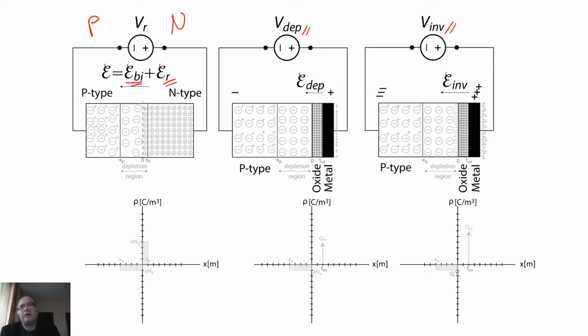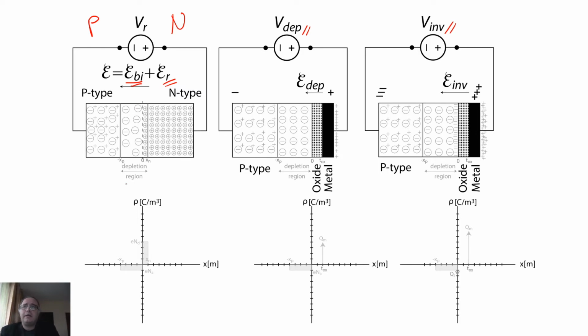So all the free running electrons in this area will be depleted, so they will either diffuse to the p side or recombine with the majority, the holes, and the same thing here for the mobile holes. So all that remains here is a space charge due to the immobile ions, positive and negative ions of the dopants.